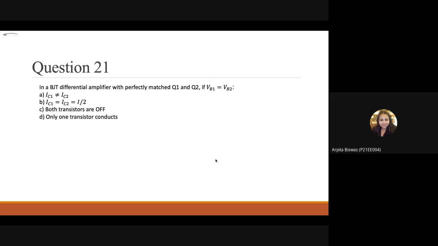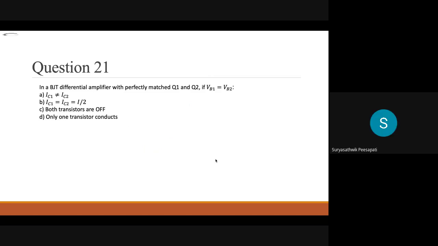Next, the question number 21. In a BJT differential amplifier with perfectly matched Q1 and Q2, if VB1 equal to VB2, then which condition is satisfied? IC1 not equal to IC2, or IC1 equal to IC2 equal to I by 2, or option C both transistors are off, and option D only one transistor conducts.